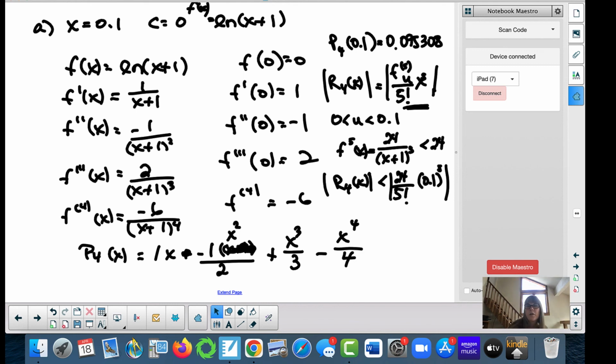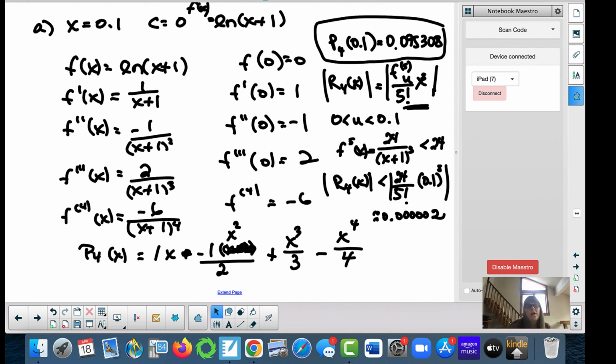I'm plugging in 24 for this because we know the remainder has to be smaller than that, and I'm plugging in 0.1 to the fifth in here, and that is approximately 0.00002. So that would be our upper bound for our error. Our error is at most this much when we get that approximation for the natural log of 1.1.